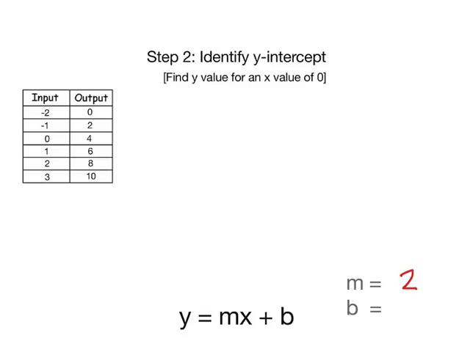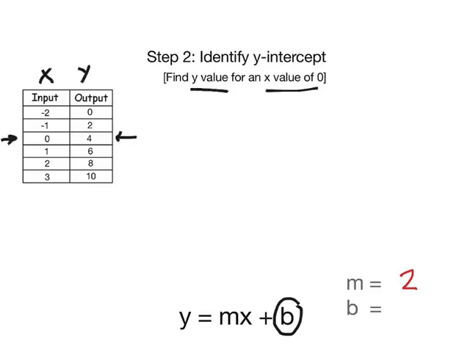So I'm going to go ahead and write a 2 in the m equals. Next, now that we know what m is, our next step is to find out what b is, aka our y-intercept. In order to do this, we need to find the y value when x is 0. So all we have to do is go to our input-output table, and here we can see that when x is 0, y is 4.